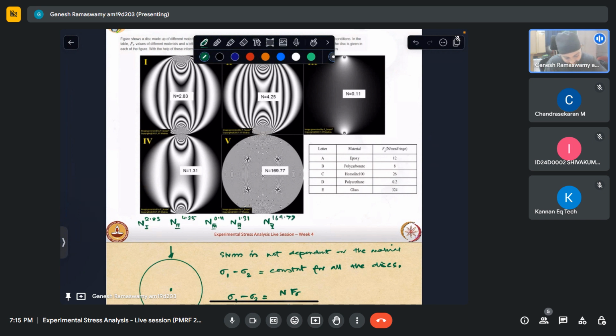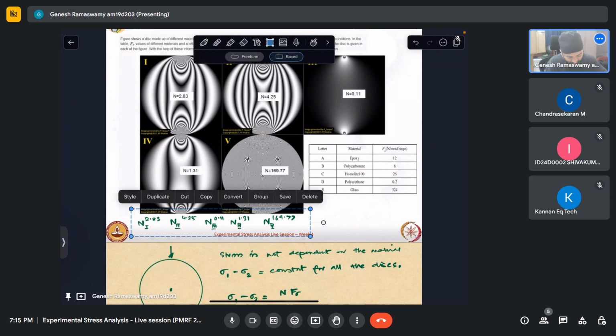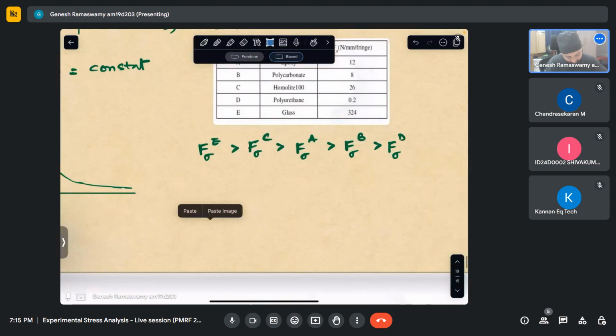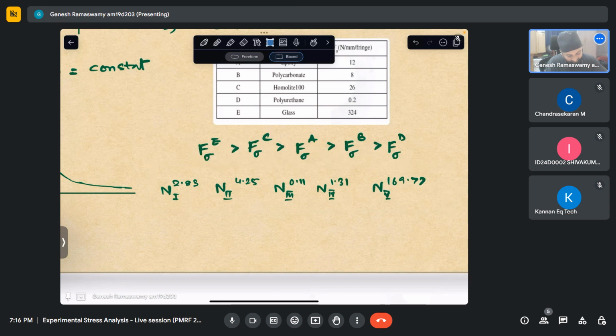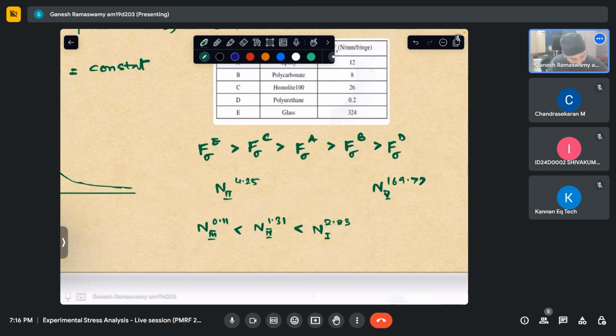So let me take this information here and arrange this. So that was the decreasing order, so this has to be the increasing order. So in the increasing order, n1 followed by this 2, followed by this, followed by this, ultimately followed by this.